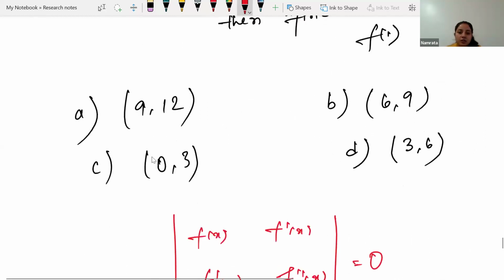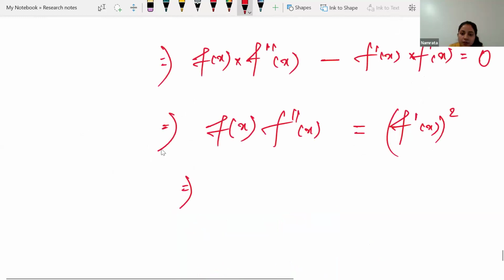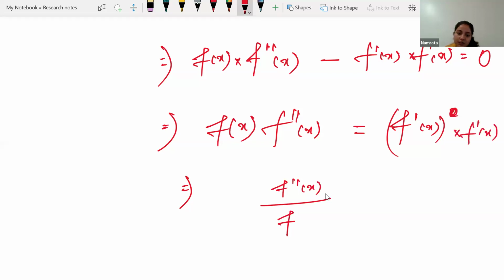So if we take f double dash x by f dash x, it is equal to f dash x by f of x.